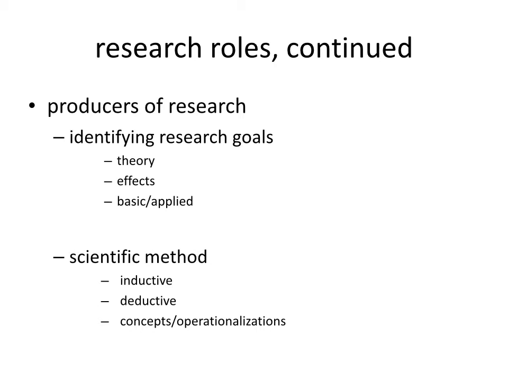So inductive starts with a series of observations and then comes to a general conclusion that one might call theory. Deductive starts with a theory which has some logical relationship among the constructs, some reason for thinking that it's true, and that relationship is then tested through these specific observations and modified as necessary.